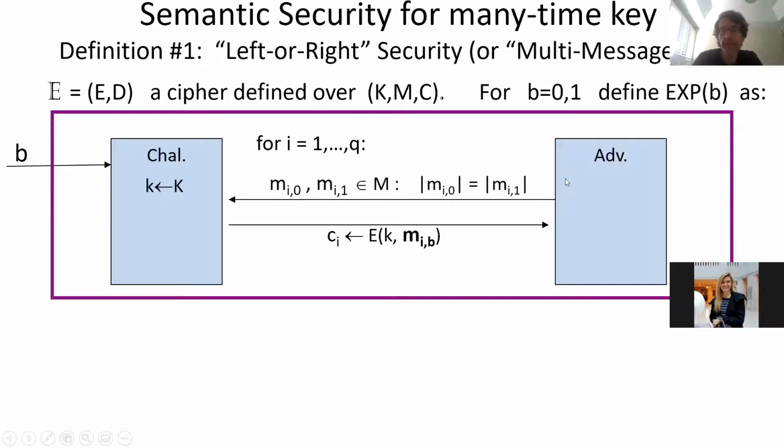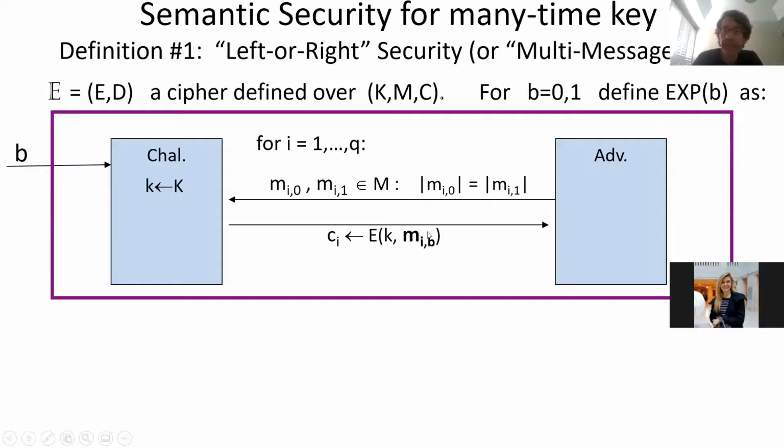The generalization is that the adversary chooses not a single pair, but many pairs indexed by i, going 1, 2, 3, up to Q, the number of queries. We call these encryption queries, where the adversary specifies two messages and gets to see their encryption.